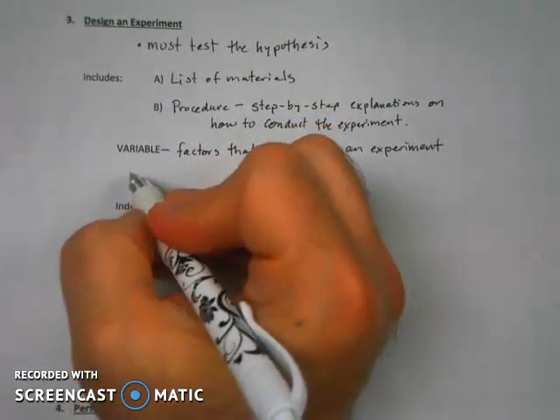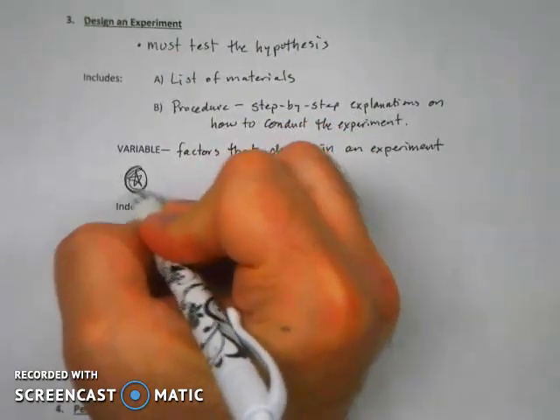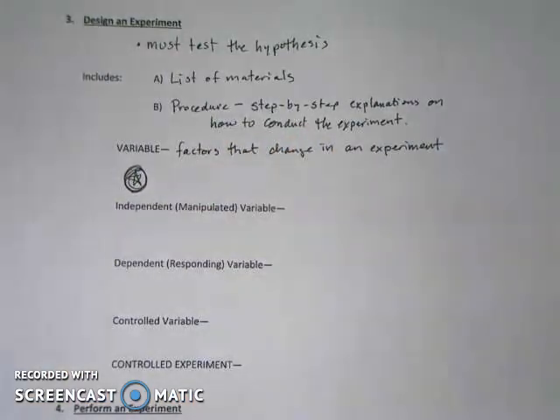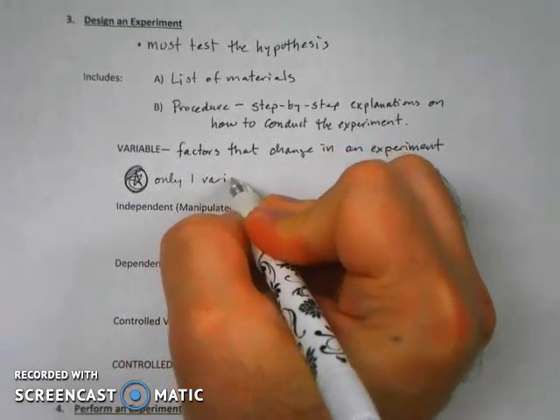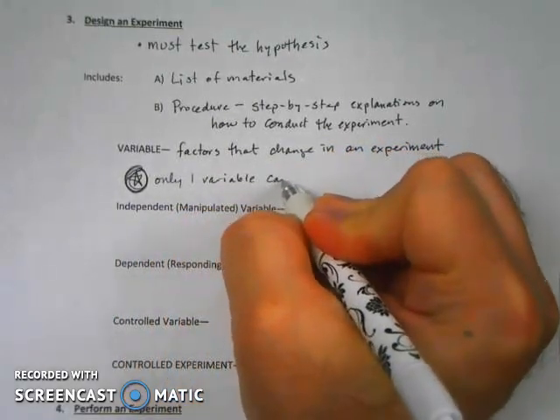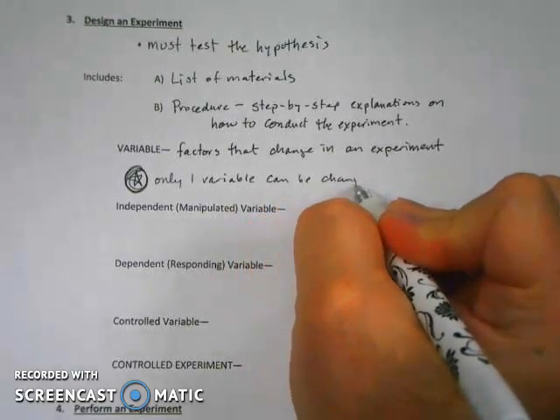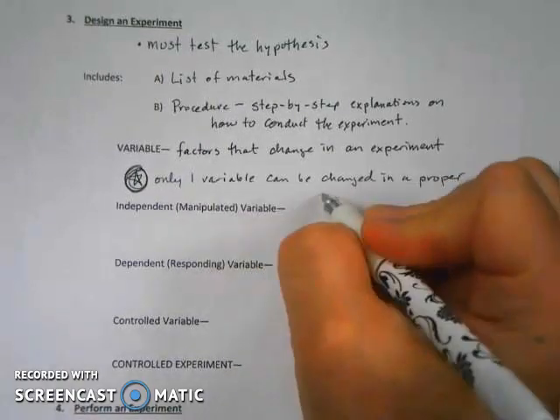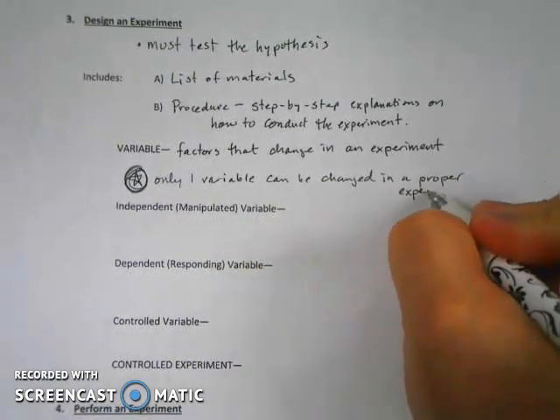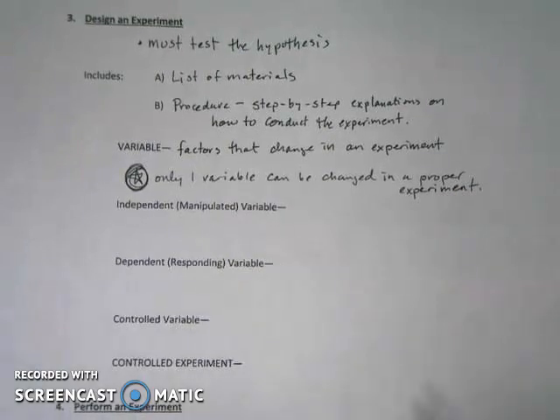Now, in a proper experiment, and this is one of the most important statements that we can make here, only one variable can be changed in a proper scientific experiment. Because we want everything else to remain the same, so we know if we change that one thing, that is causing whatever effect that we see.